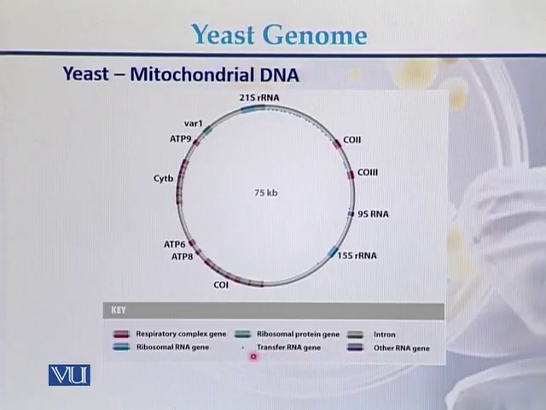Here we can see that these are the transfer RNA genes. The respiratory complex genes are COX2 and COX3. Here we can see VAR1, which is a ribosomal protein gene. And there are also introns and ribosomal RNA genes. They are also present in the mitochondrial genome of the yeast.